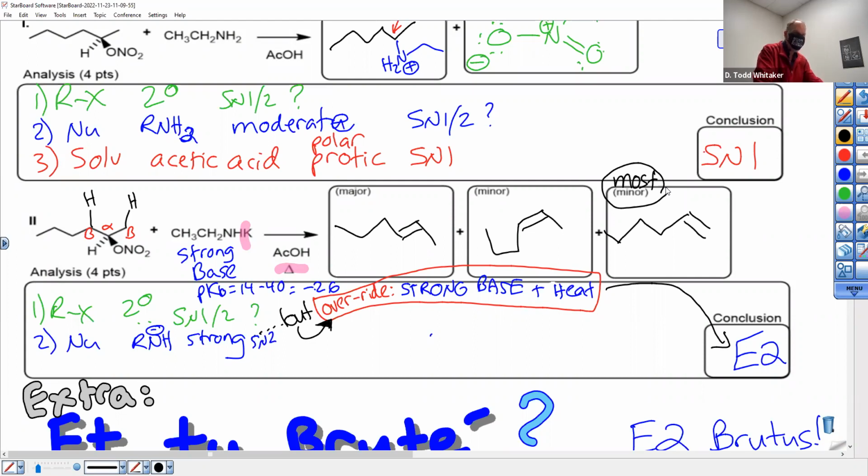So far, we've learned a couple things about stability in terms of carbocations and radicals. They're both stabilized if there's a lot of carbons attached to the cation or the radical carbon. A tertiary cation is more stable than a secondary cation.